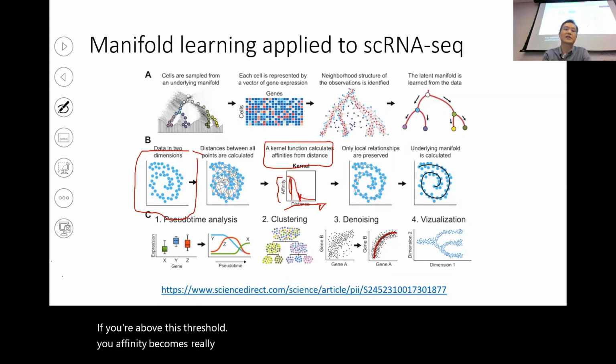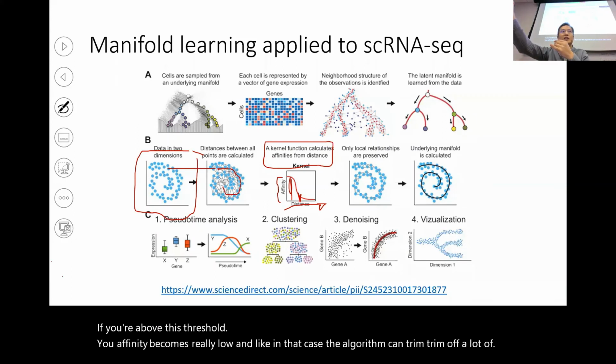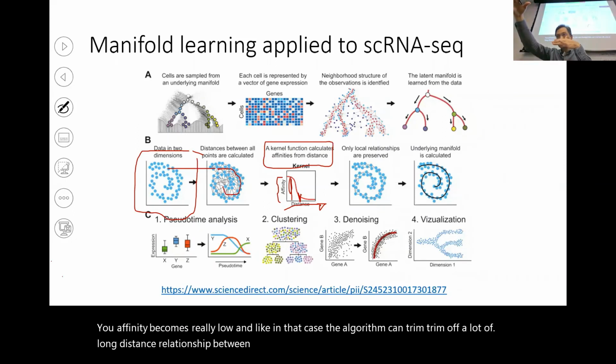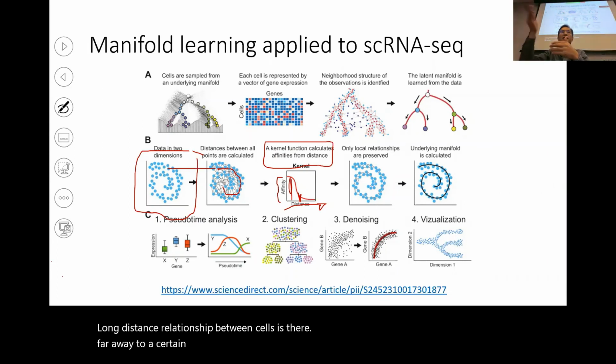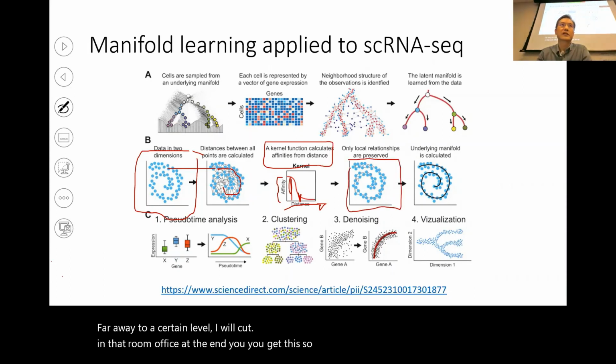In that case, the algorithm can trim off a lot of long distance relationships between cells. If they're far away to a certain level, I will cut and trim them off. At the end, you get this so-called, it's like a KNN network.